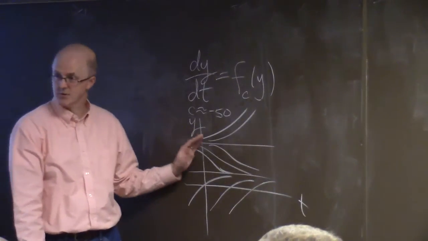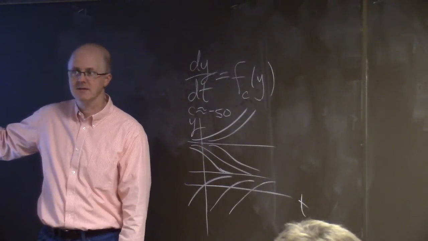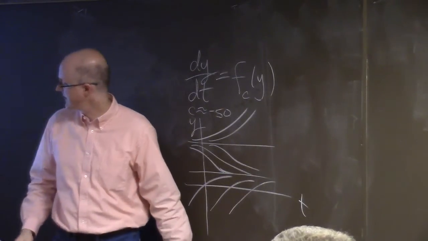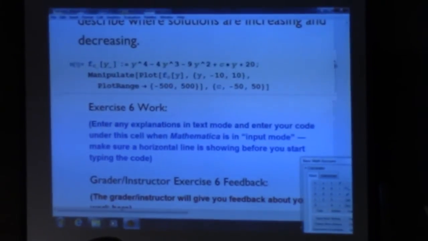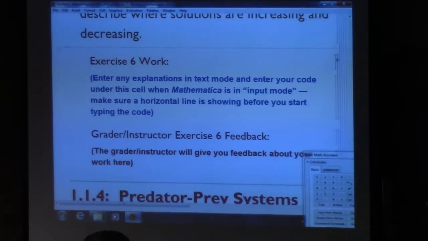Okay, these are the solutions. That just helps you figure out what they look like. That's the qualitative analysis. So it's a kind of confusing problem. It's fairly long, a fair amount of writing to do, but I hope that gets you going. Any questions about that?